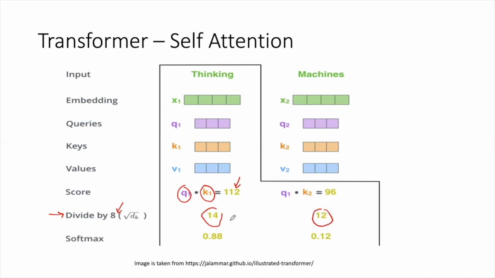Then what we do is, since these scores are not on a scale of 0 to 1, and also they don't add up to 1, we use a softmax to get those probability scores. So the probability is basically how similar the key is, the probability of this key being similar to the query. So that is basically this value that is there.